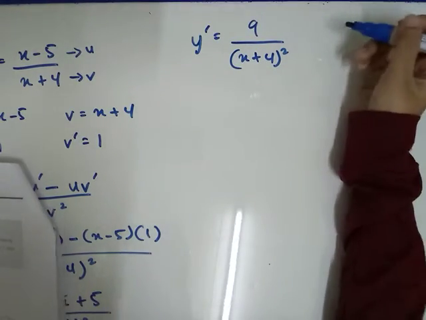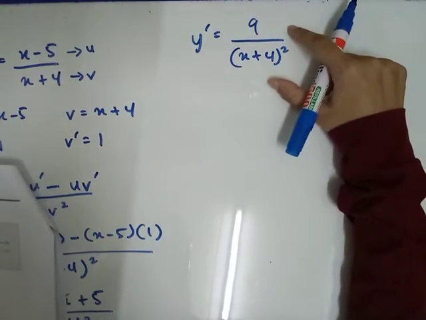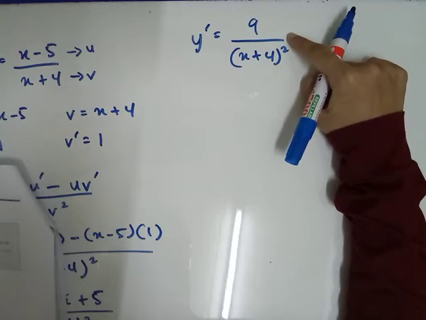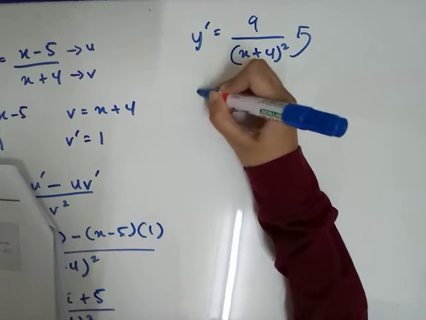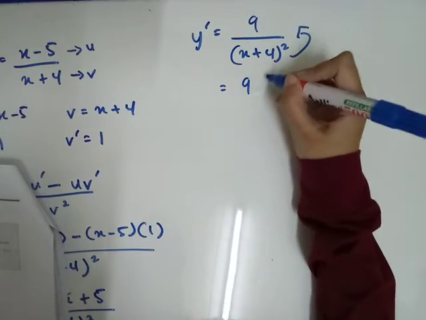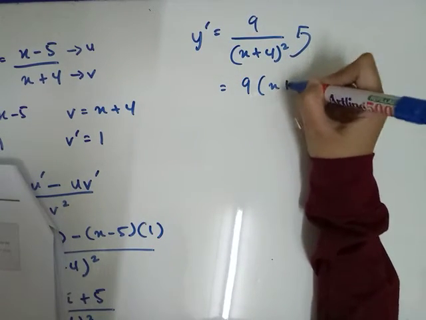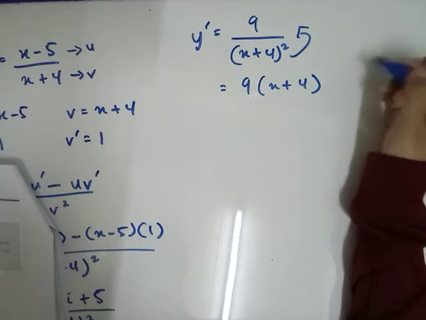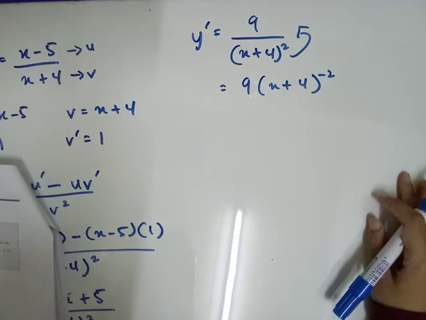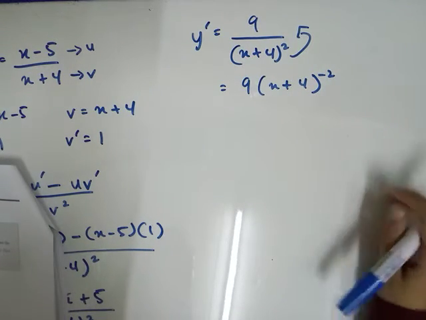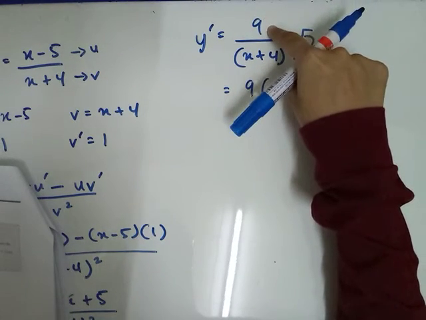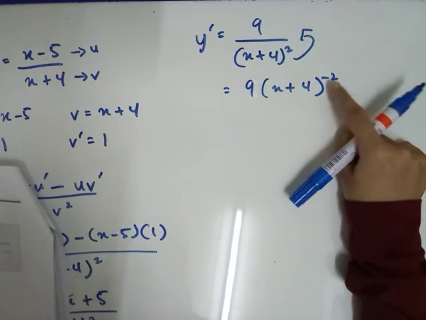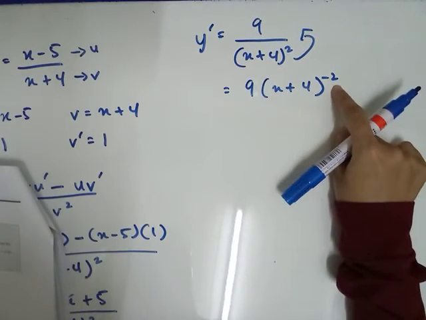This is division, or you can bring up. Bring up, you will get 9 times x plus 4 to the negative 2. Why bring up? Because on top, the numerator doesn't have variable x. So you can bring up, and it will become x plus 4 to the negative 2.